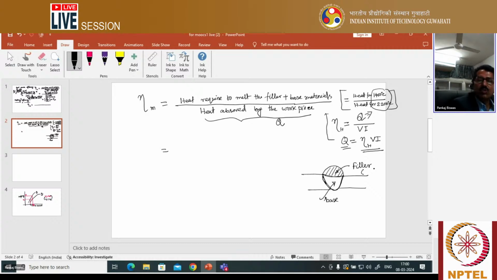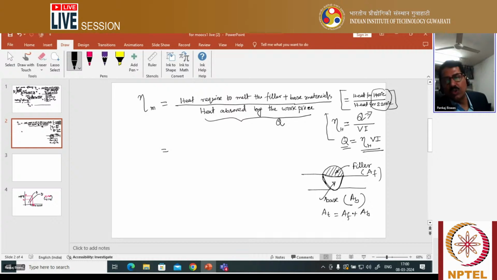By using that, you can easily measure the cross-sectional area of this fusion zone. Fusion zone means the region subjected to melting. Let us consider the cross-sectional area of the filler wire is AF and that of the base material is AB. So the total area AT is equal to AF plus AB.